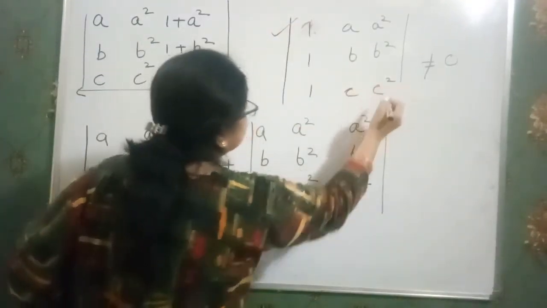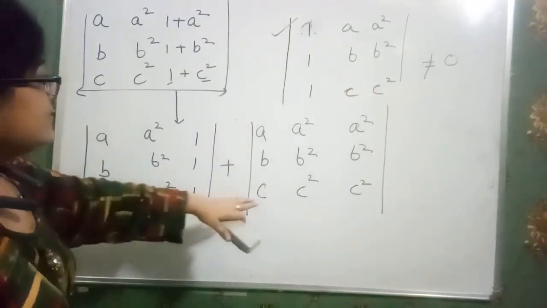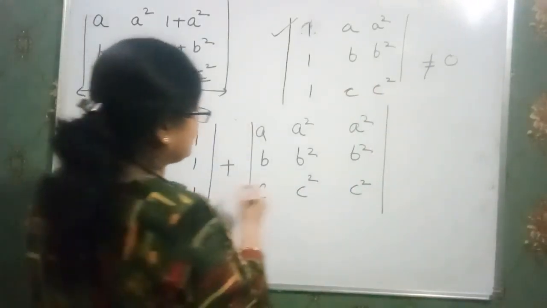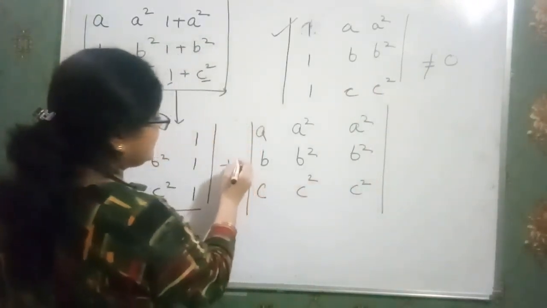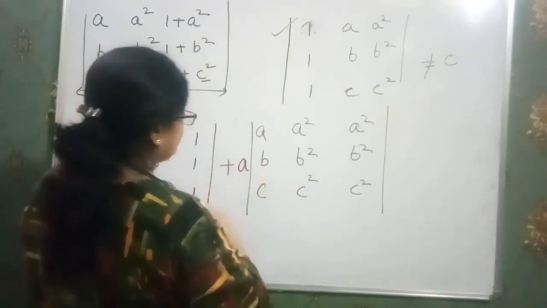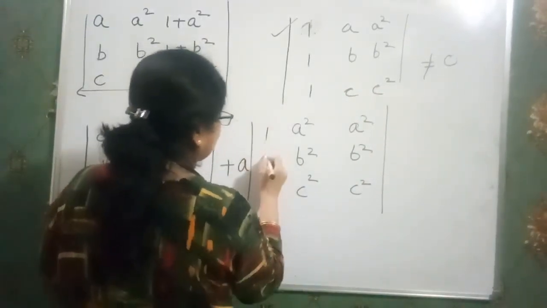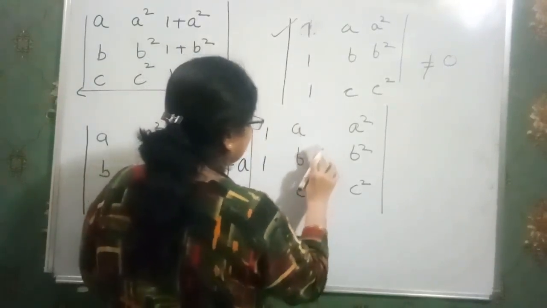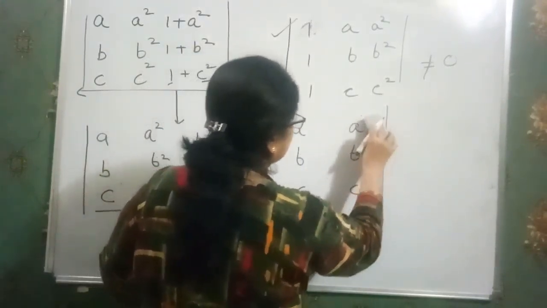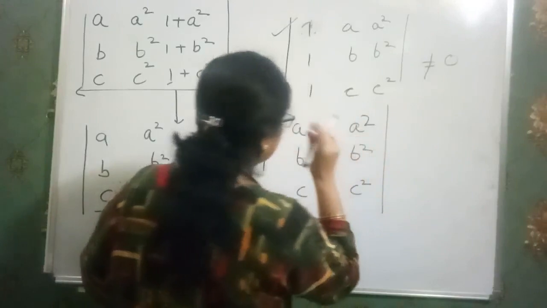And here also we are left with, if we take A common, 1, 1, 1, and in this way we are left with this. Clear?